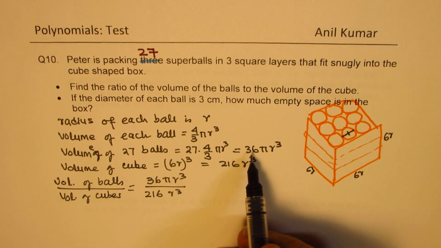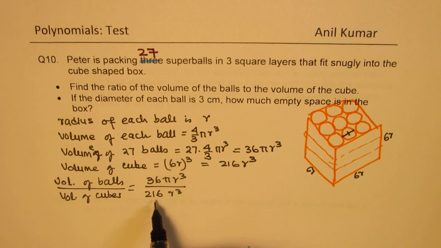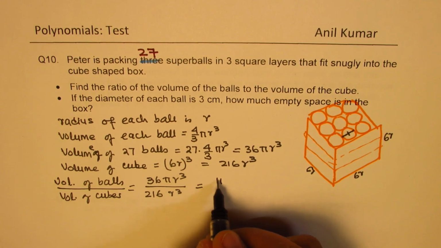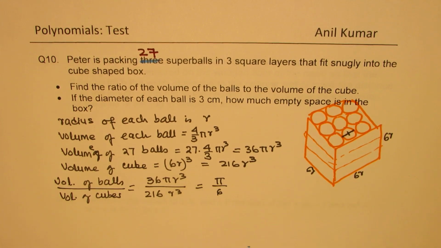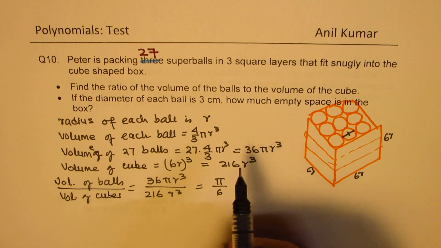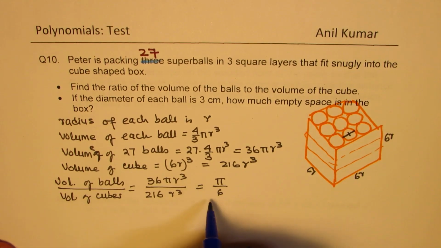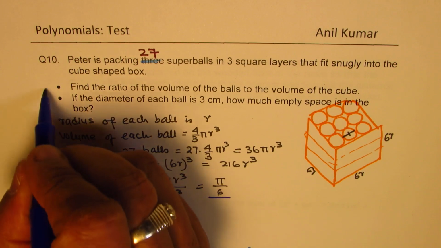Now 36 is 6 times 6 and this is 6 cube, so 1 6 will be left here, right? So r cube and r cube will cancel, so we get pi by 6 as our answer. Is that clear to you? So let us highlight this and now find the other answer. So we're done part 1.